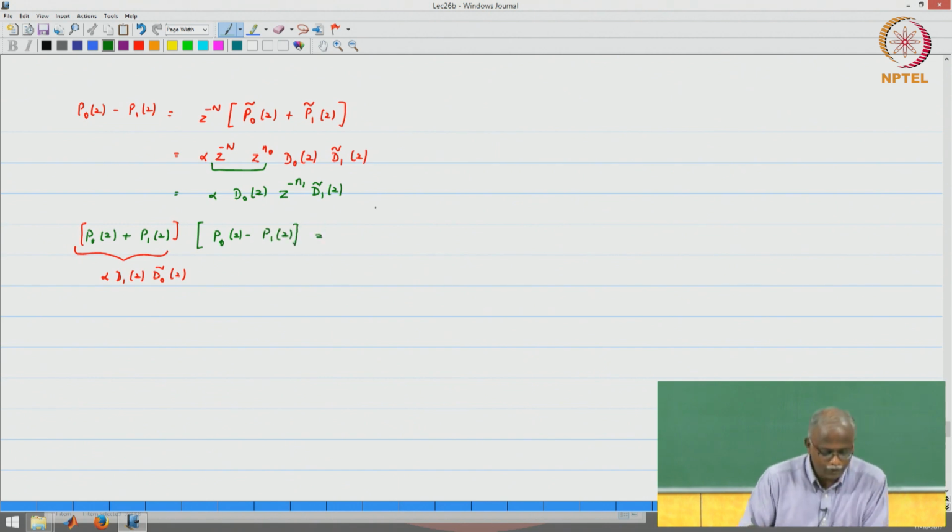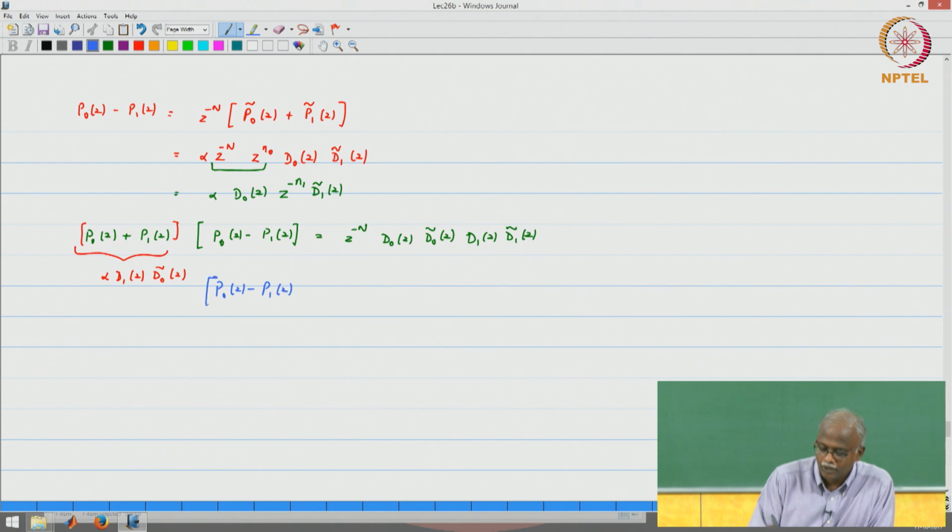This is equal to z power minus n d of z d tilde of z. So, which basically can be written in the following way: d naught of z d naught tilde of z, d1 of z d1 tilde of z, right. So, from this you get another expression for p naught of z minus p1 of z.